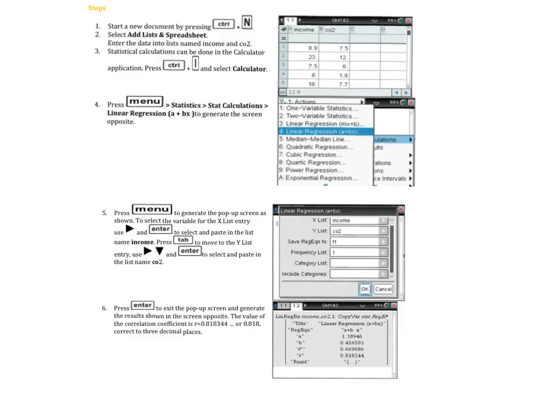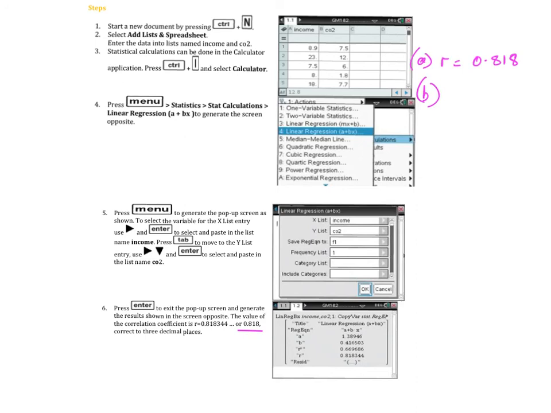Once we've inputted our data and worked out our R correlation on our calculator, we get R is equal to 0.818. Now, what is that telling us? Well, we need to look back on our table and see what it says.